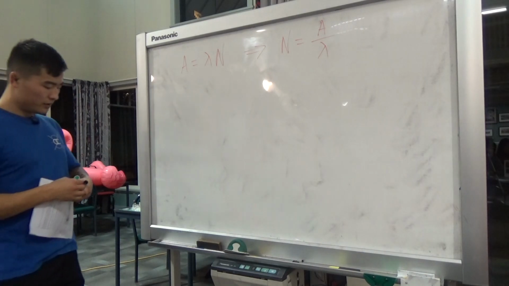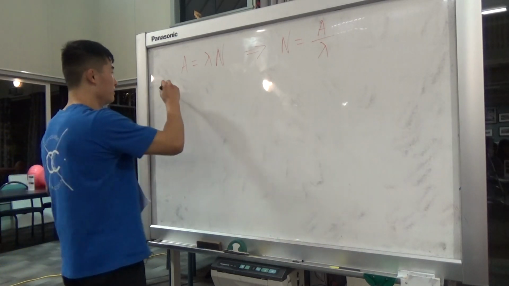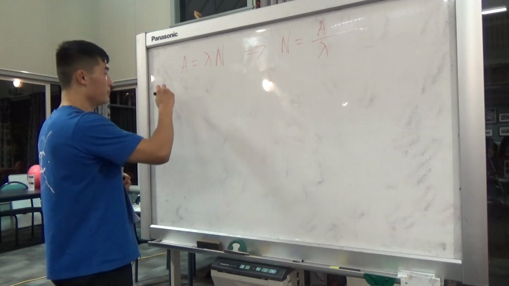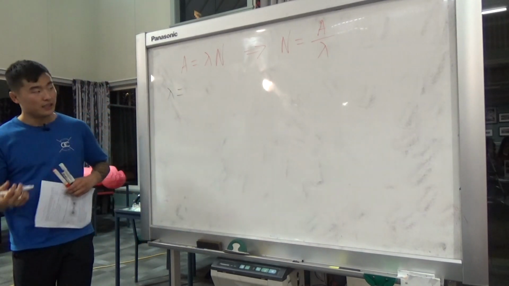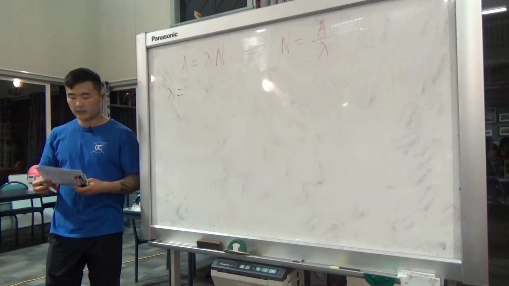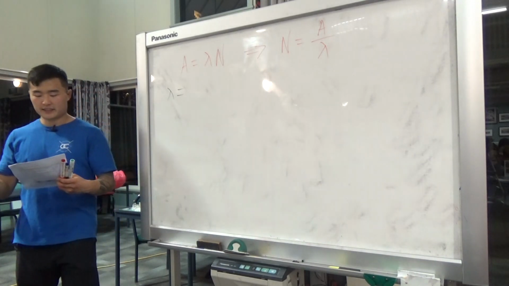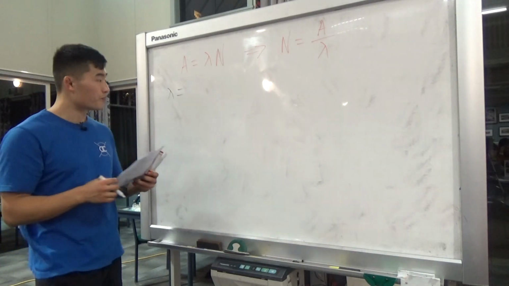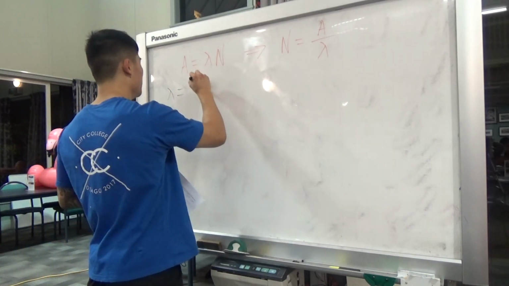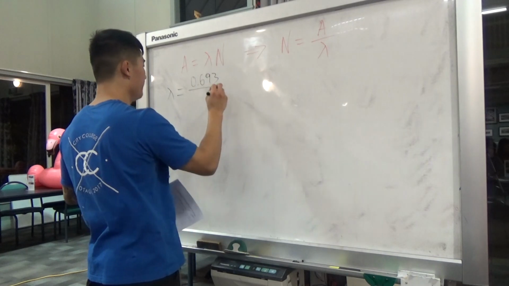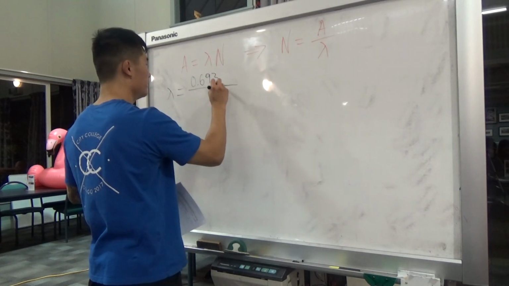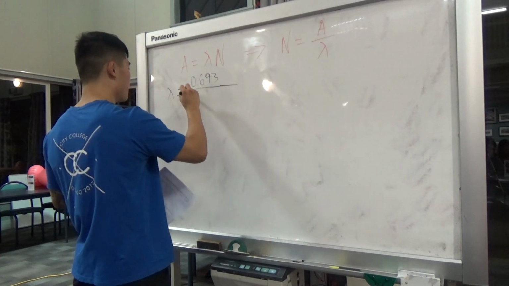So we're going to have to calculate the decay constant again, because last time we calculated the decay constant, we did it in days, and this time it has to be in seconds. So that's 0.693 divided by the half-life. This is the half-life in seconds.